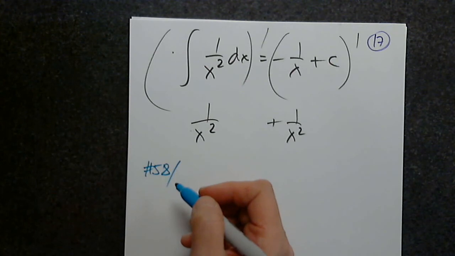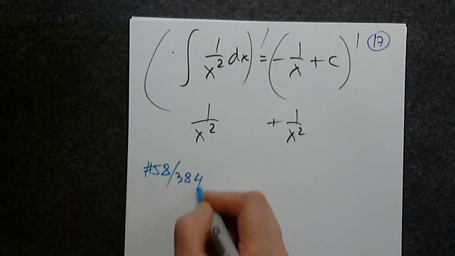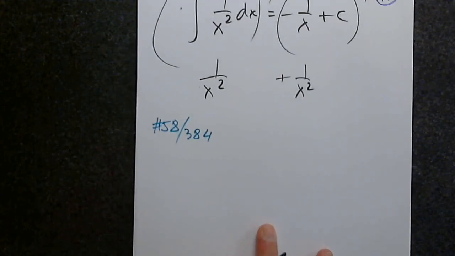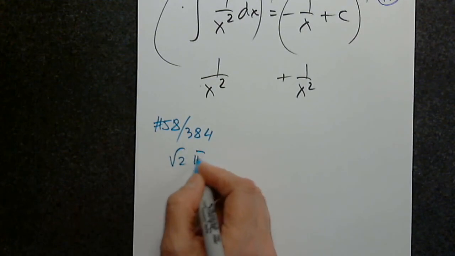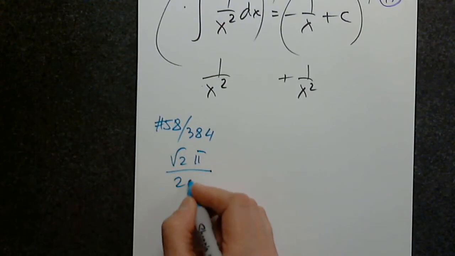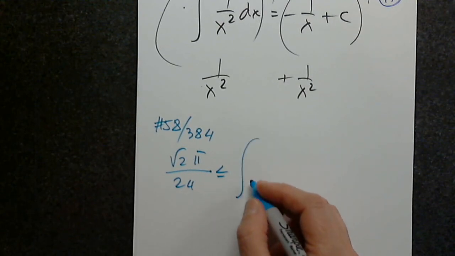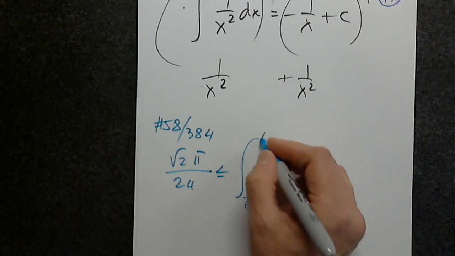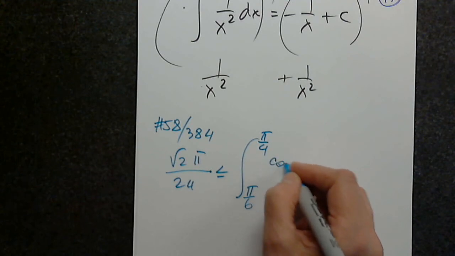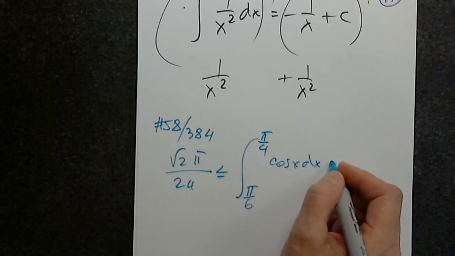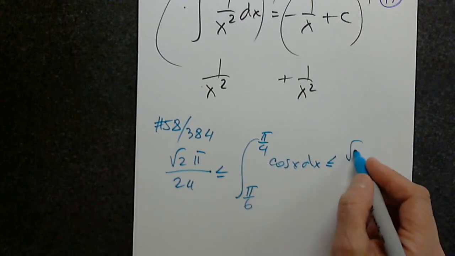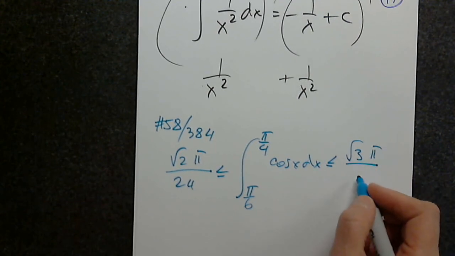On page 384, they say the square root of 2 pi over 24 is less than or equal to the integral from pi over 6 to pi over 4 of cosine x dx, which is less than or equal to the square root of 3 pi over 24.